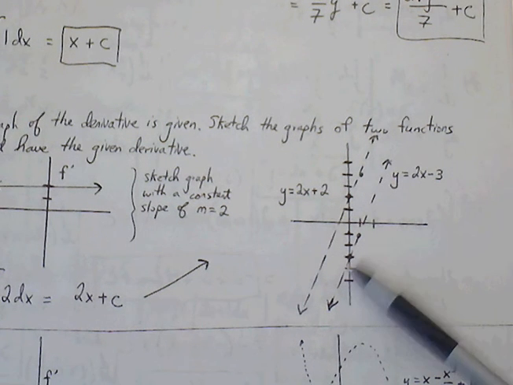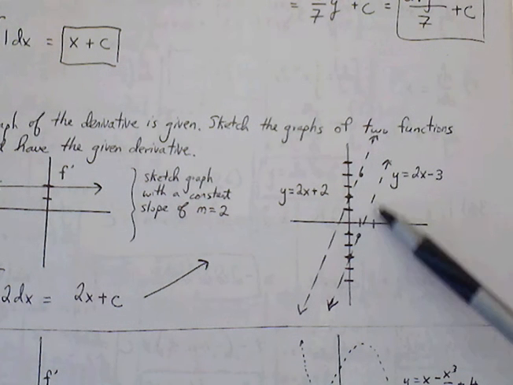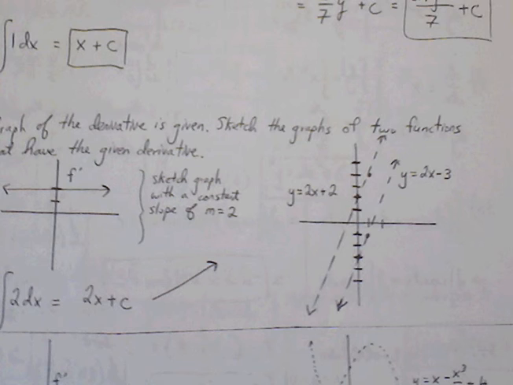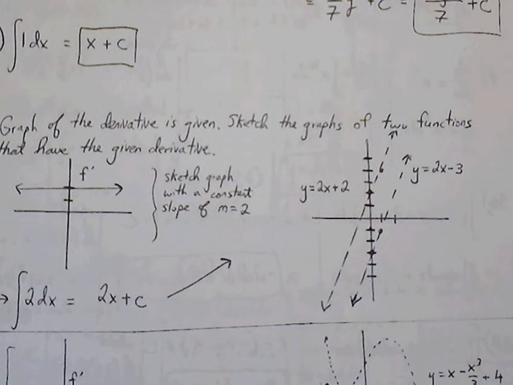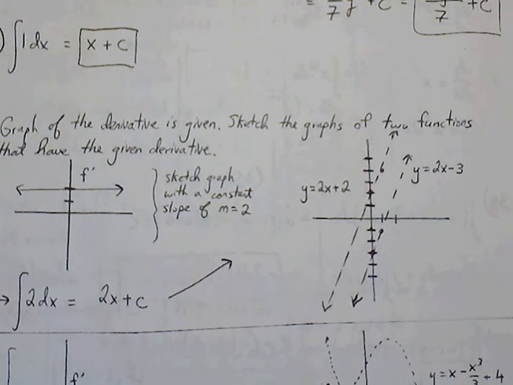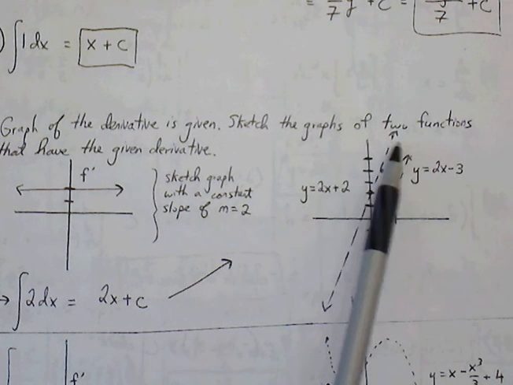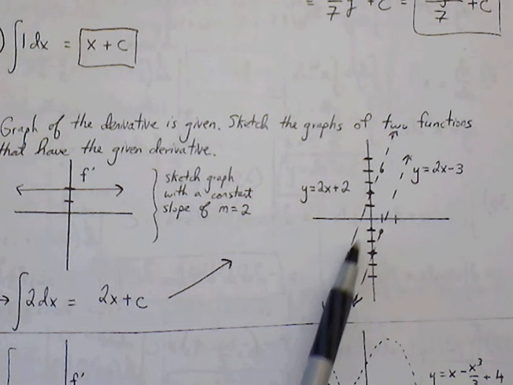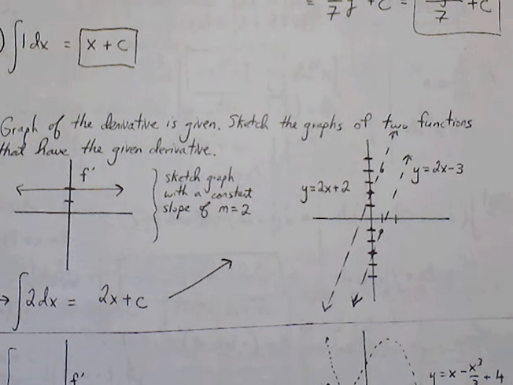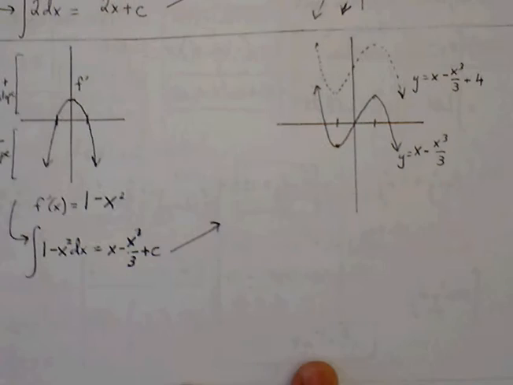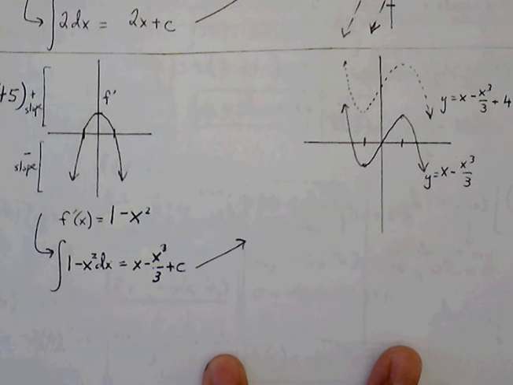So you're always going to get parallel lines if you want two graphs with the same slope and different y-intercepts. These are just examples. I could have another graph that is simply y equals 2x plus 0, right through the origin.